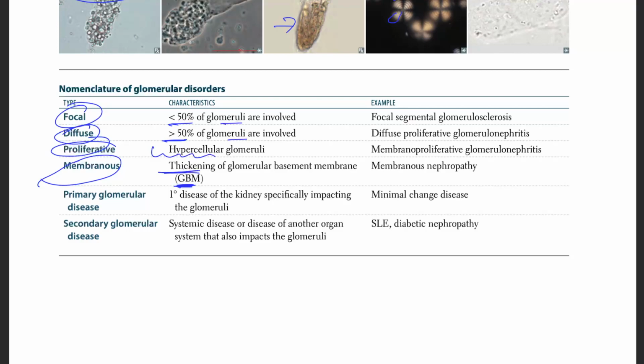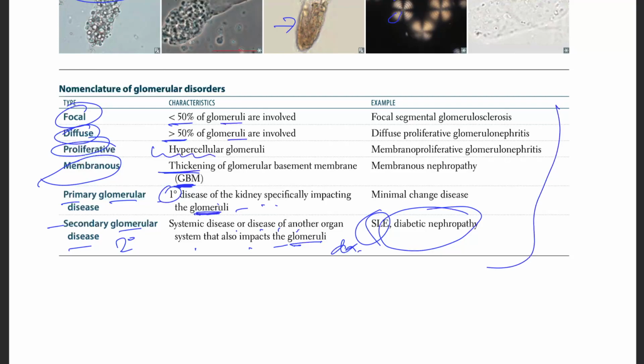Primary glomerular disease means primary disease of the kidney, specifically impacting the glomeruli. Secondary glomerular disease is a systemic disease or disease of another organ that impacts the glomeruli, like SLE, diabetic nephropathy, and the others.